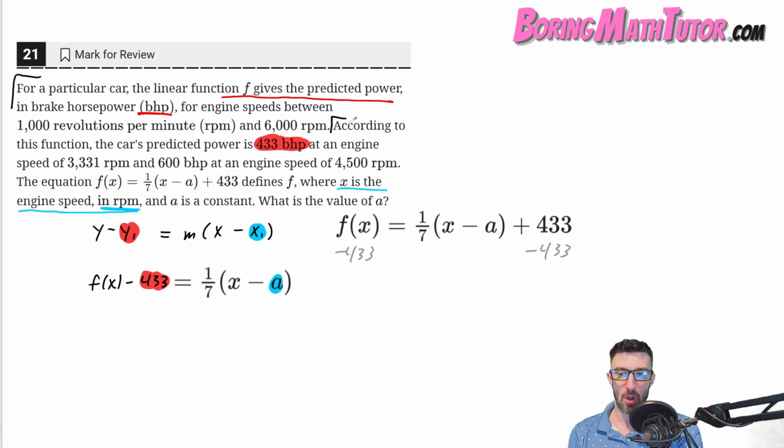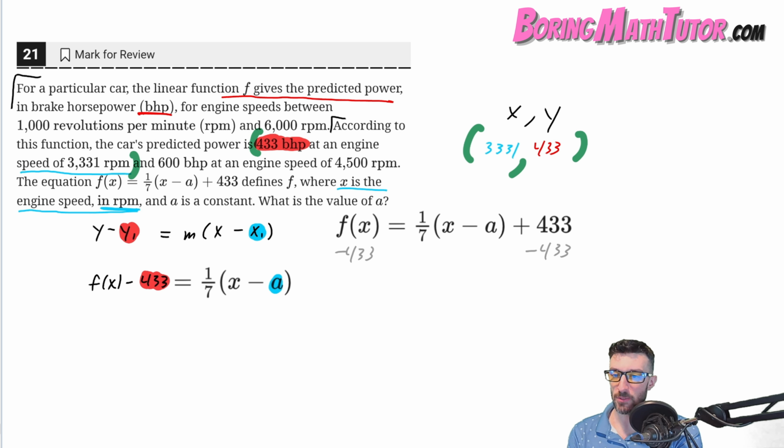But that part where it says the 433, it says according to this function, the car's predicted power is 433 bhp at an engine speed of 3331 RPM. Huh. Okay, so it's kind of like they're just giving me a point there. And the point that they're giving me, it's got to be in the form x comma y, but the x in this case would be the 3331 and the y is 433.